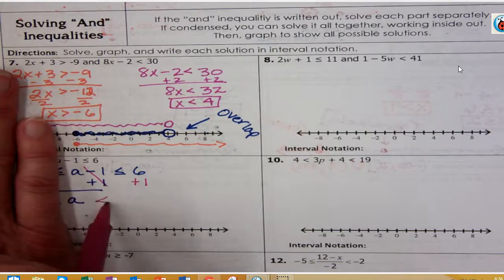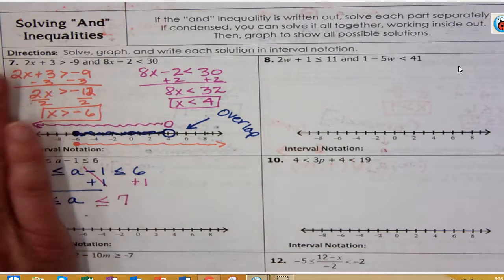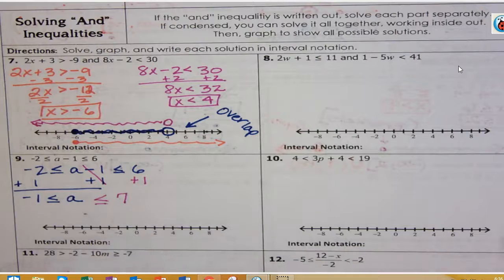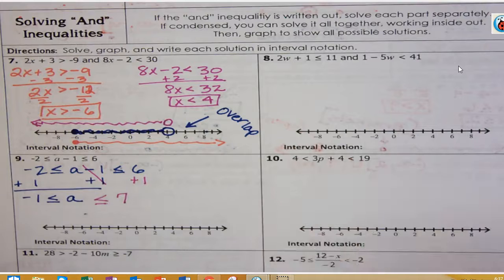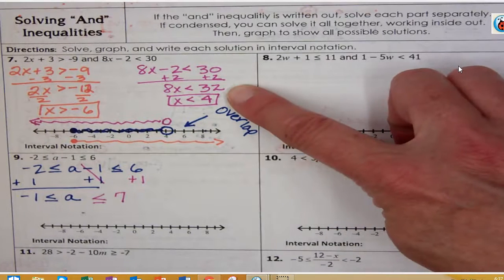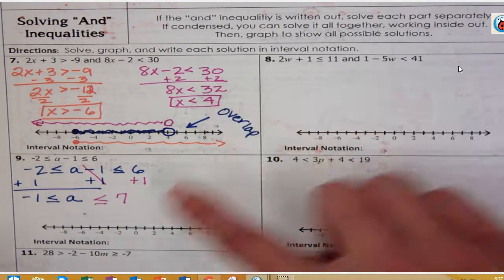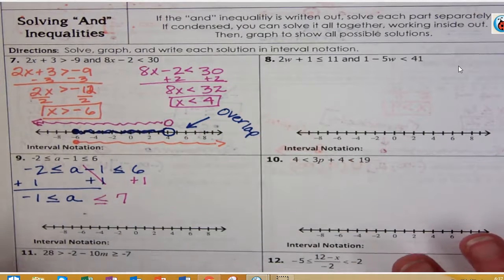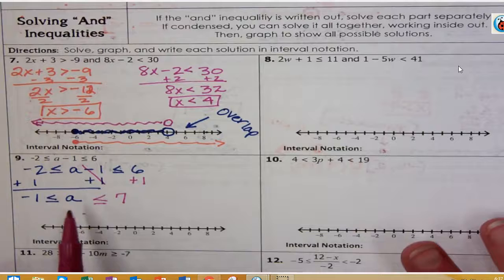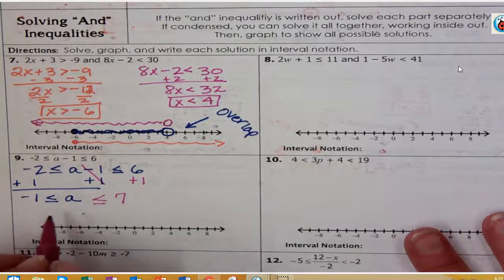A is less than or equal to 7. So you're left with this. That's one way to do it. And notice, you basically are just solving two inequalities simultaneously. We did the same thing up here, we just didn't do it simultaneously. This time we did it simultaneously. So that's how you do that.